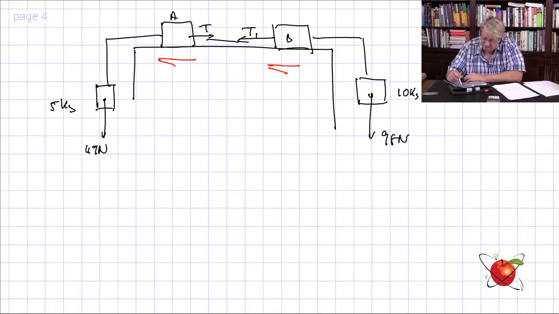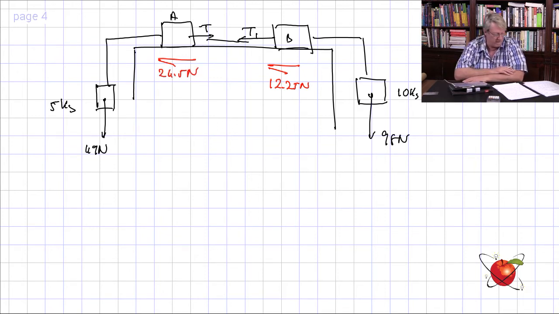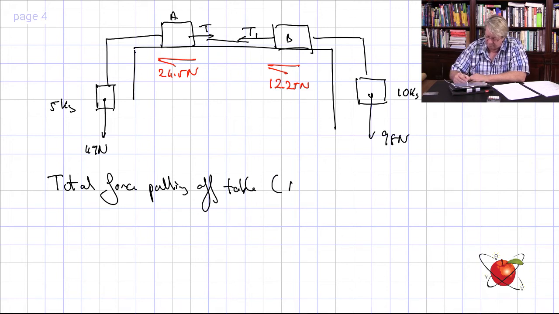So if friction is reversed, then it means that the frictional forces of 12.25 newtons and 24.5 newtons are reversed. Okay? Let's work out now, what is the total force pulling off the table, which means to the right?